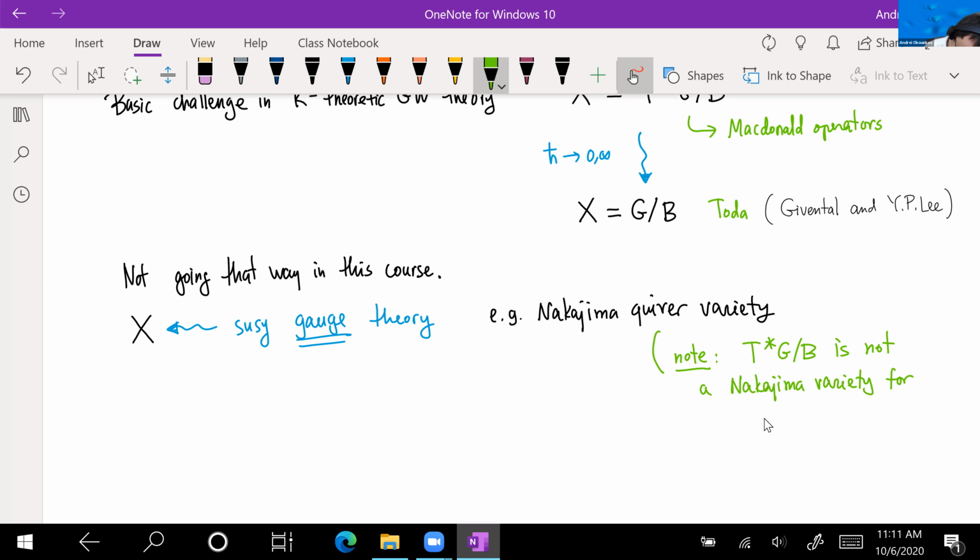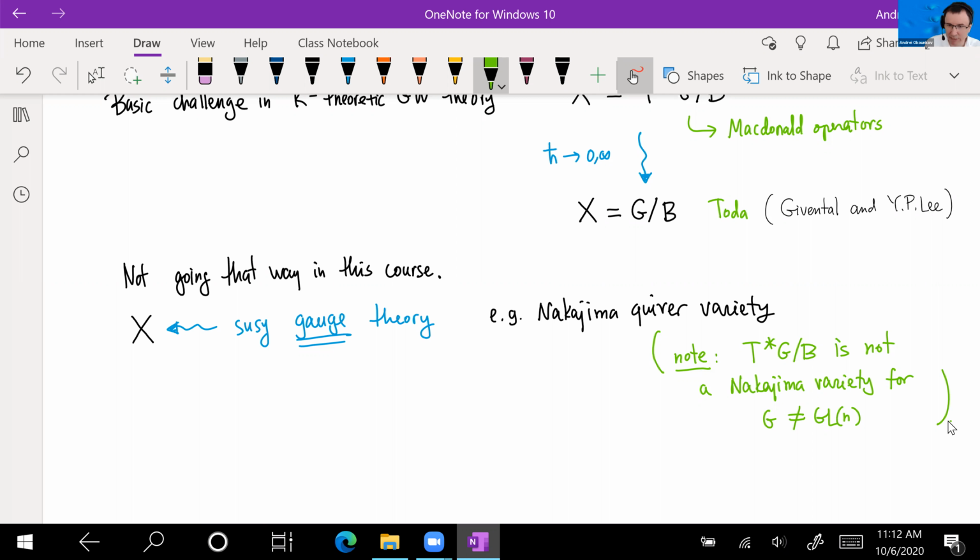for G not equal to GLN or SLN. So outside of type A, it's not a symplectic variety. It's not a new issue in integrable systems that Macdonald polynomials and other things in type A have features different from other types, even other classical types.